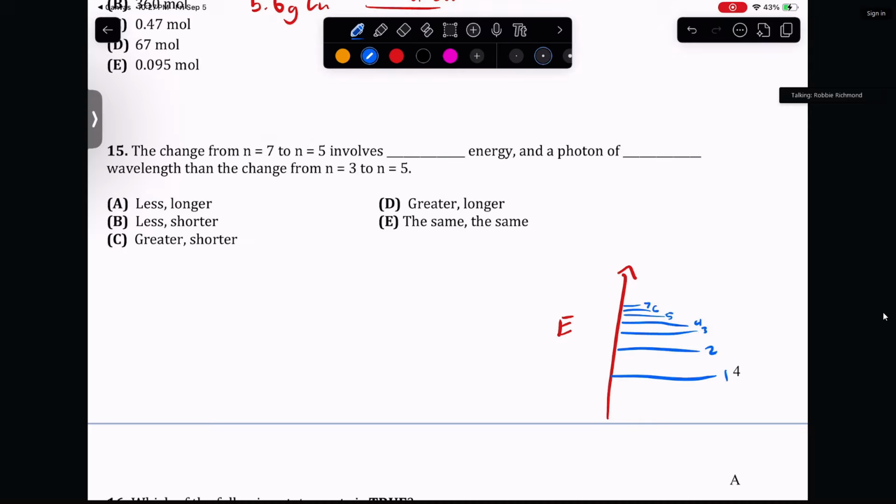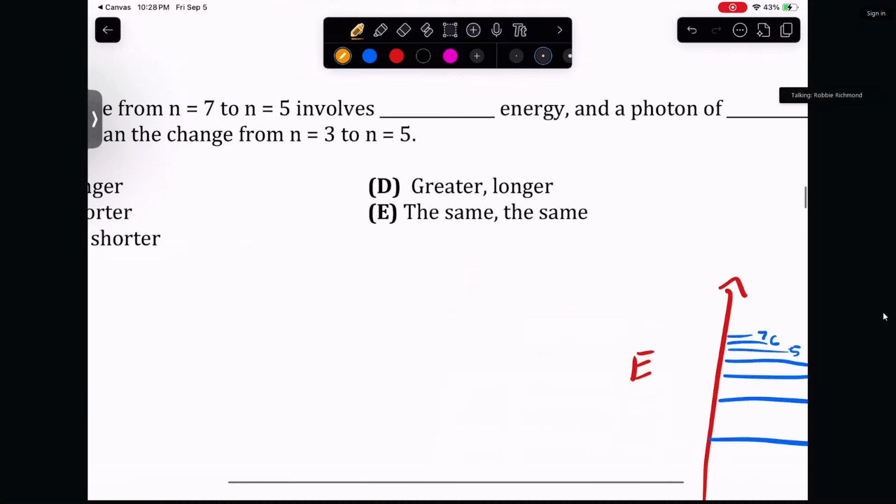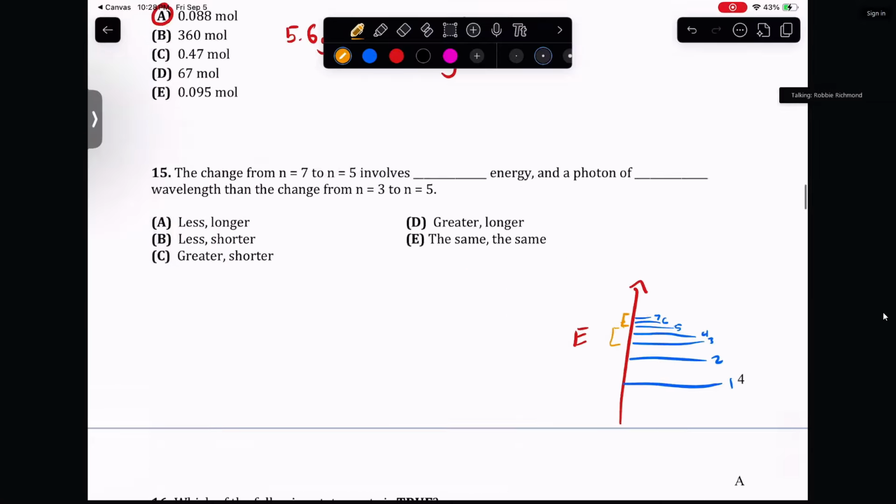Cool. So if we're looking at that, the jump from 7 to 5, that's a pretty small distance. But compare it to 3 to 5, that's still a small difference, but it's a sizable change.